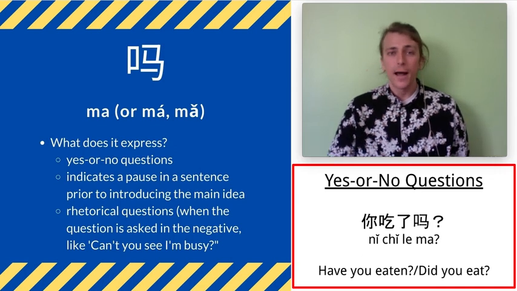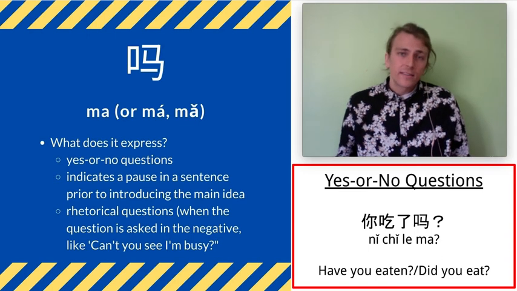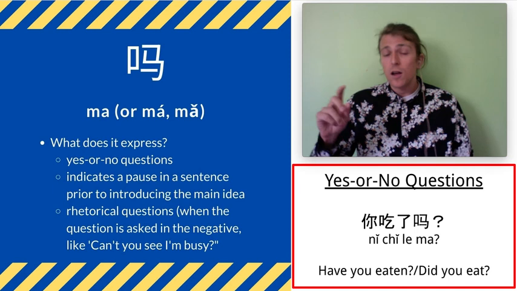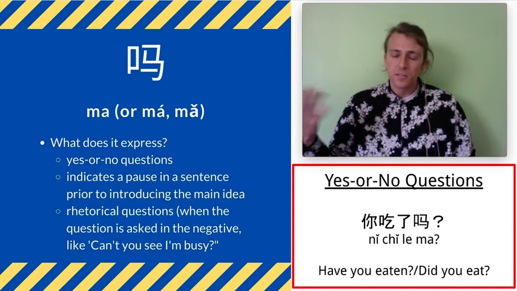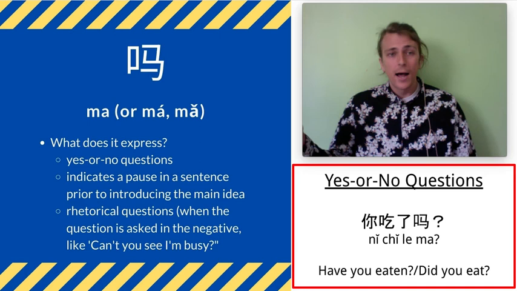Okay, next we have probably the second most common of all of these auxiliary modal particles, and that is ma. This you'll probably learn in your first or second Chinese class to indicate yes or no questions. So the most basic example is when we say ni hao ma, which literally means are you good, or it also means how are you, but we say are you good, ni hao ma.